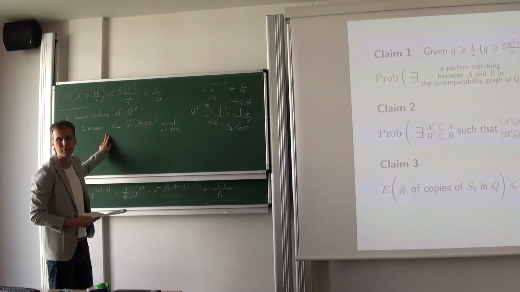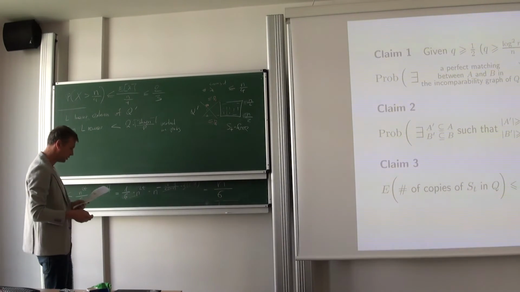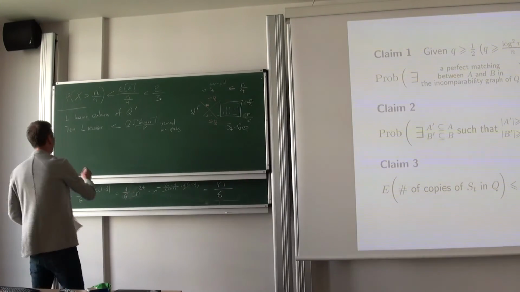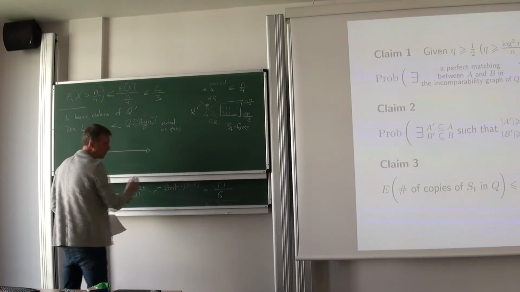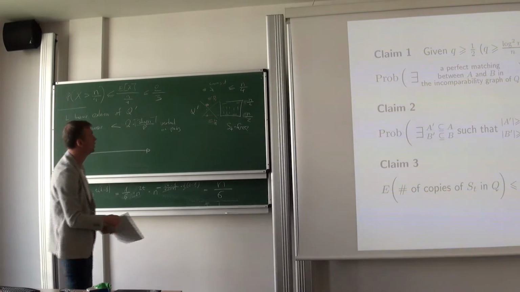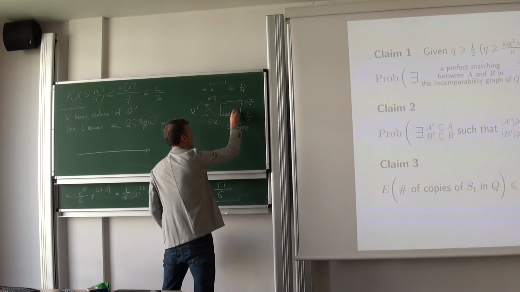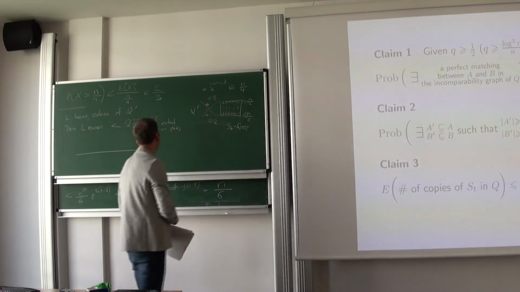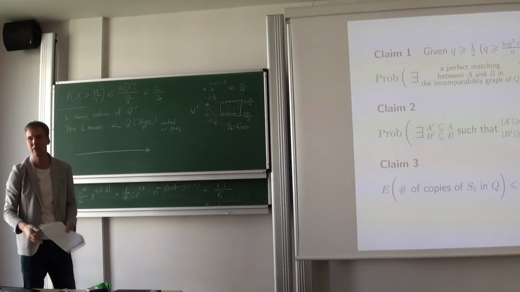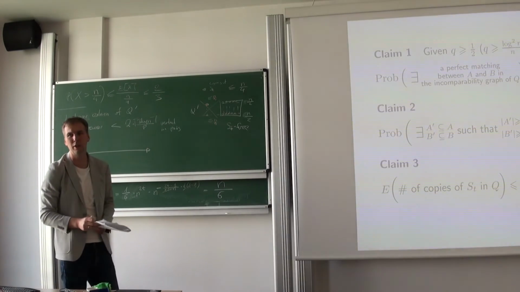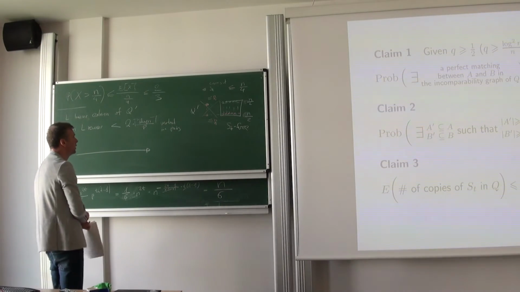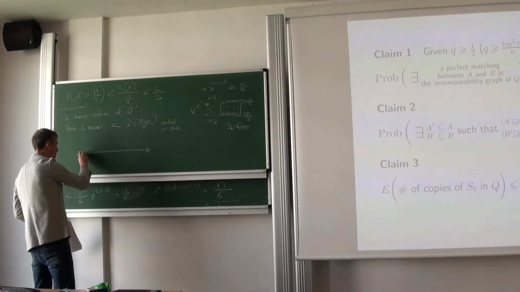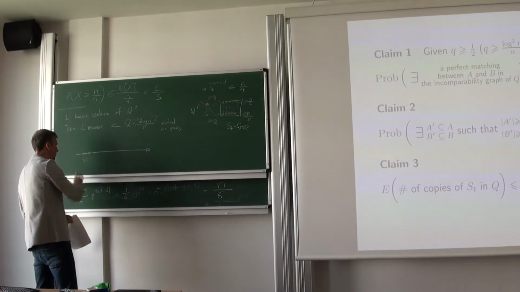Why is it 2? Shouldn't it be 2, maybe? If there is this linear extension, let's put some colors. Say these elements are red, and these elements are yellow. If there is a linear extension that reverses a lot of red-yellow vertical pairs, then take the first 3 log n over p yellow. You have yellows here, you have reds.